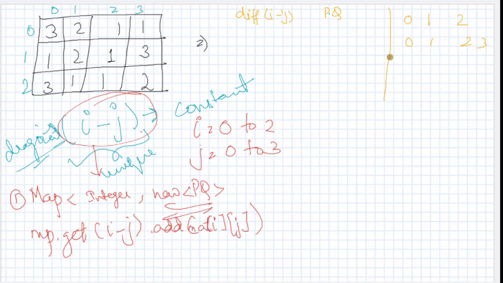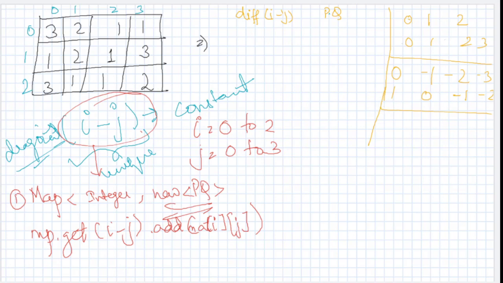Okay, so first let's find out the difference. I'll write the difference in such a way that it points to these elements itself. So the very first is going to be 0 minus 0, then 0 minus 1, 0 minus 2, 0 minus 3, again 1 minus 0, 1 minus 1, 1 minus 2, 1 minus 3.